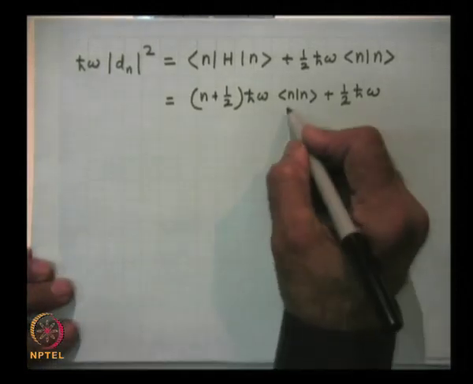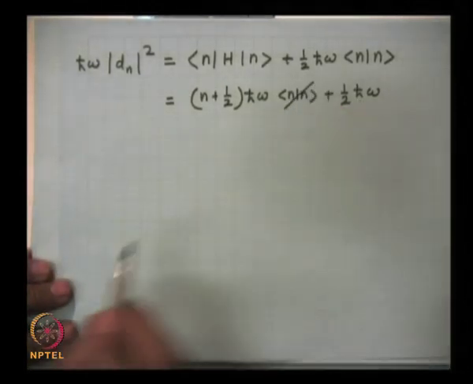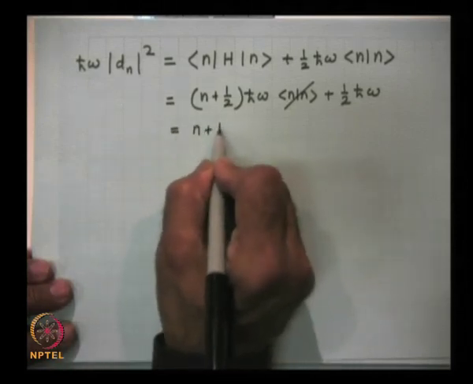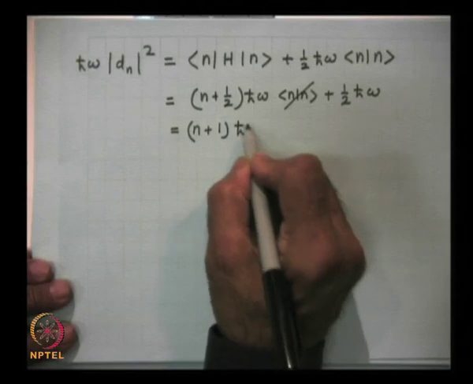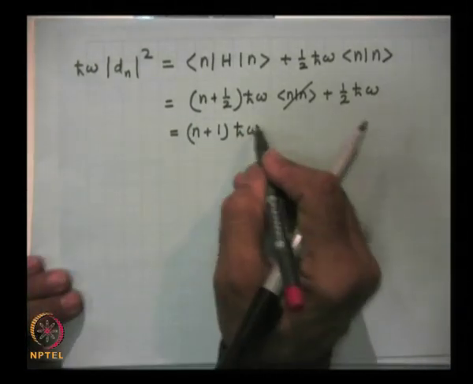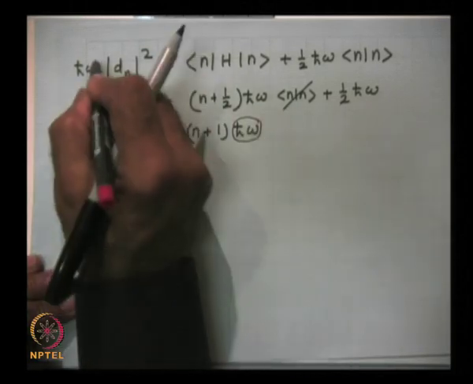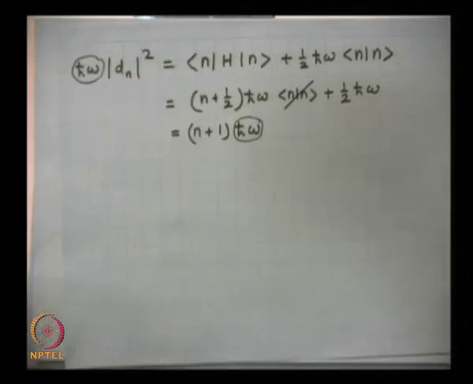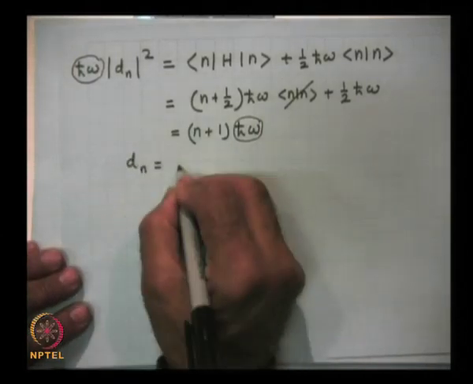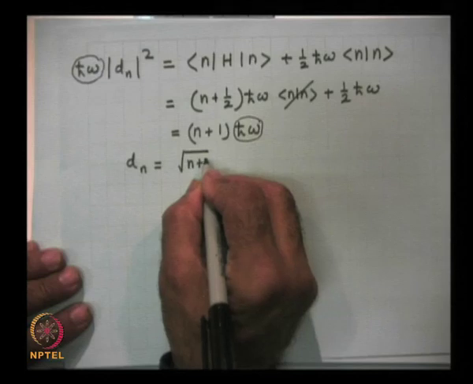So, this is 1 and this is half h cross omega. So, this becomes n plus 1 h cross omega. So, this h cross omega here and this h cross omega cancel out, and if I take the square root, you will get d n is equal to square root of n plus 1.